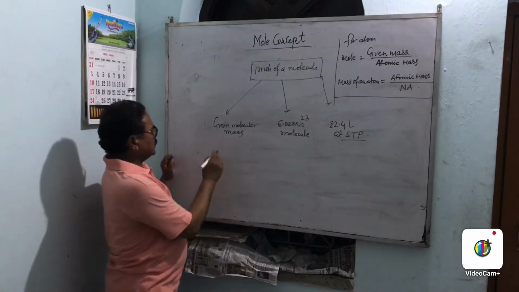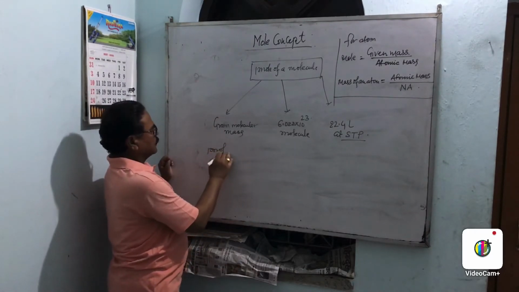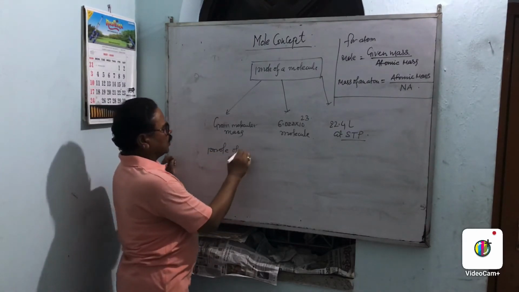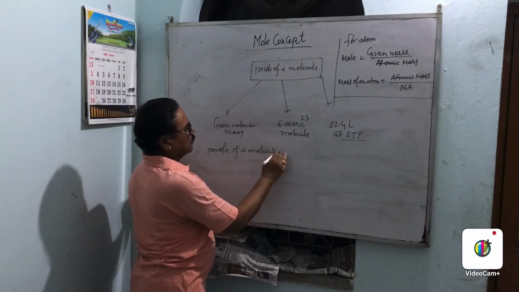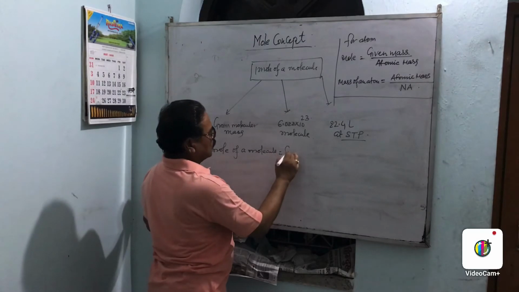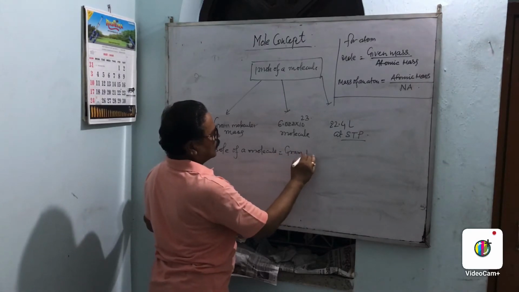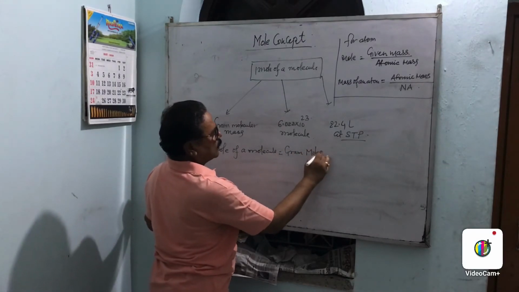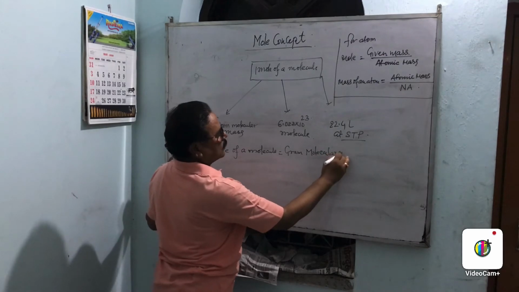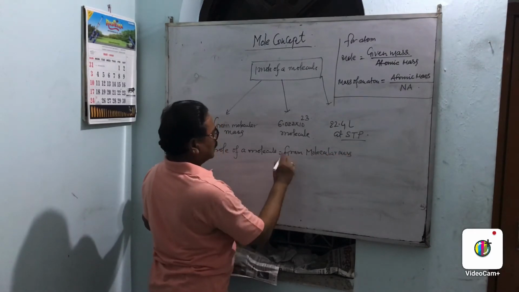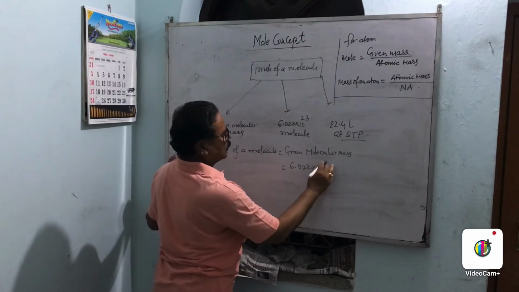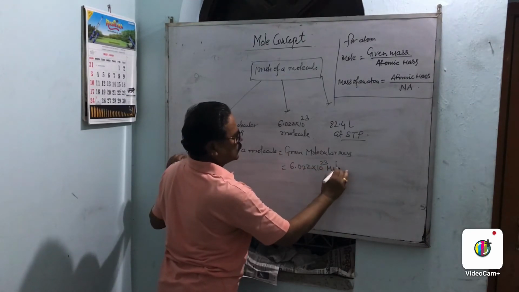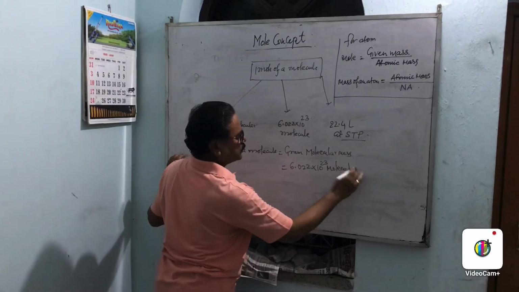So we can write 1 mole of a molecule, whatever be the molecule, is equal to gram molecular mass, so we can write here 6.022 into 10 to the power 23 molecules, right?